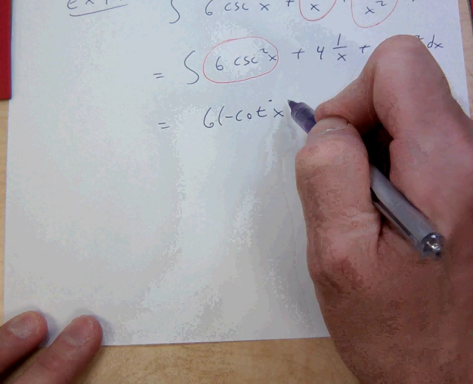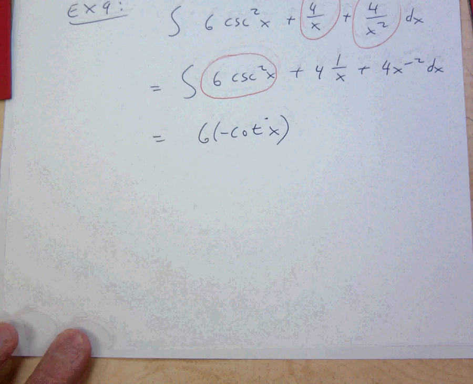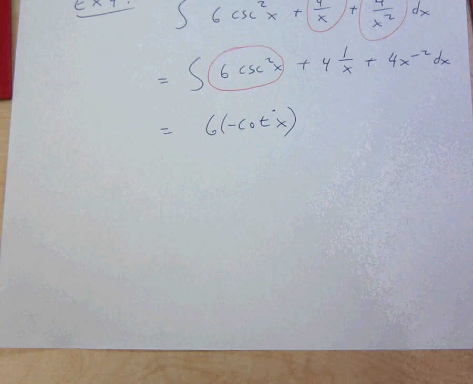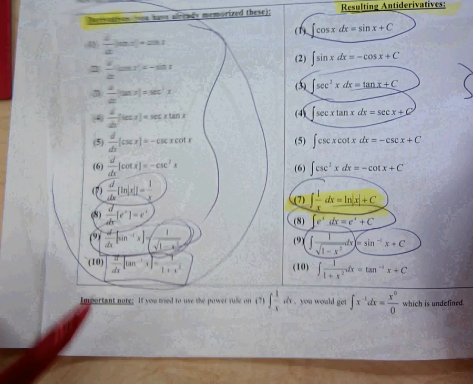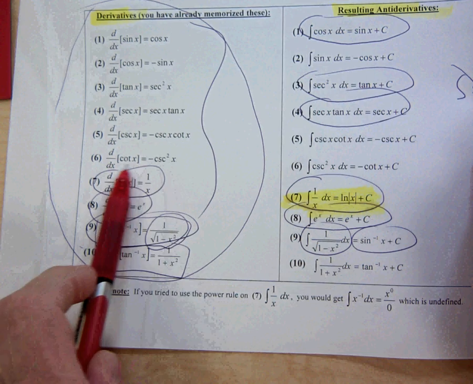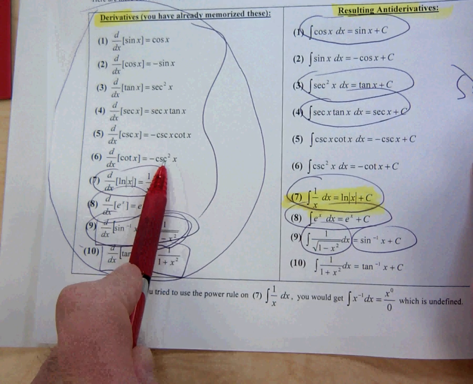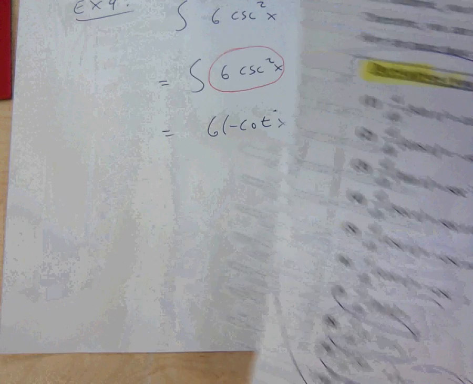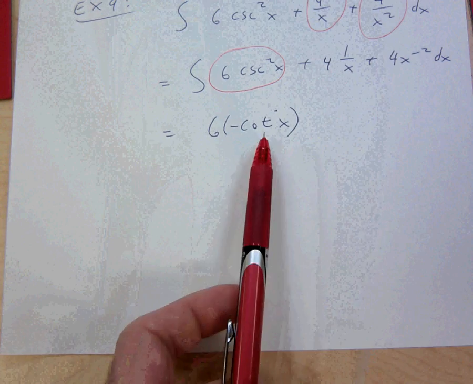Yes, there should be. Good. Okay, so make sure you put a negative there. Okay, everybody see what he did there? Again, I'm just going to flip back a page. All he did is use this derivative rule backwards. He saw that he had to integrate cosecant squared, and so that's where he got cotangent from, right? Going backwards. Okay? And again, there was a negative in the derivative formula, so there needs to be one here.